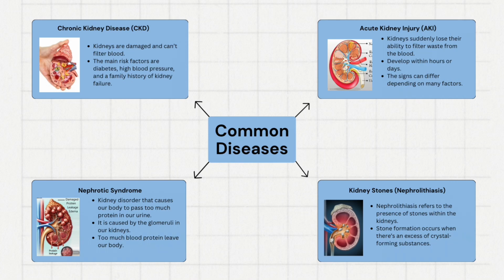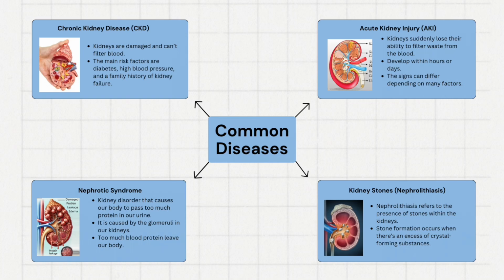Secondly, acute kidney injury, or AKI. AKI occurs when kidneys suddenly lose their ability to filter waste from the blood, developing within hours or days. The signs of AKI can differ depending on many factors like the causes, severity, and our health conditions.